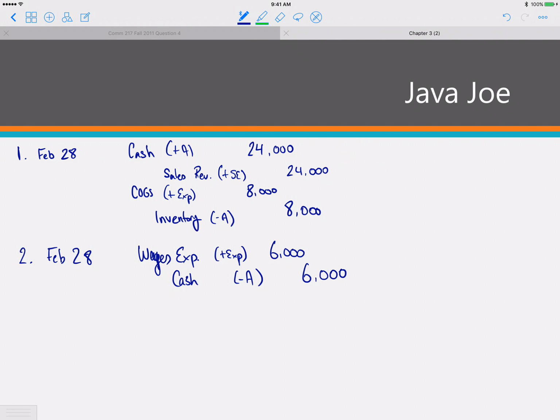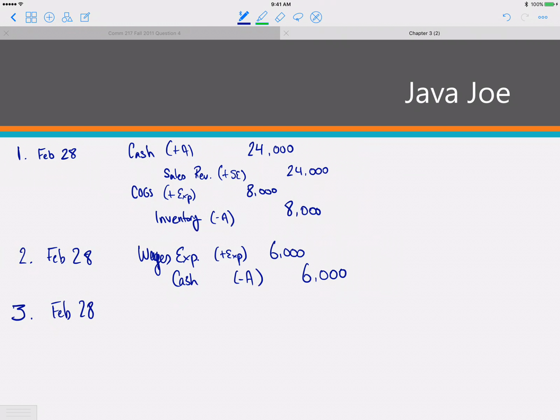The next two entries are what we call adjusting entries. I don't want to get too into detail because in the next review, in part 4, we're going to be covering adjusting entries in detail, but I'm just going to walk us through step by step what these adjusting entries are. So if you recall in the previous review session, Joe had actually paid for some rent in advance. So we're going to say that he actually used up 2 months of rent, right?